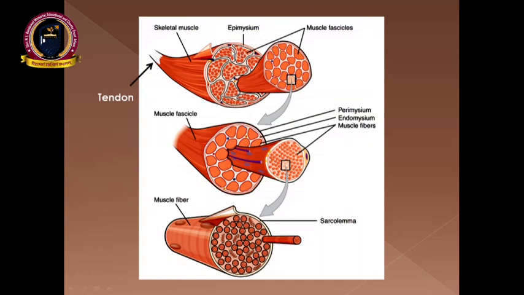See here in this diagram, this is the muscle section to show the internal structures. So this muscle, for example the muscle of our upper arm, the bicep muscle, is connected to the bone by the help of fibrous connective tissue called the tendon.